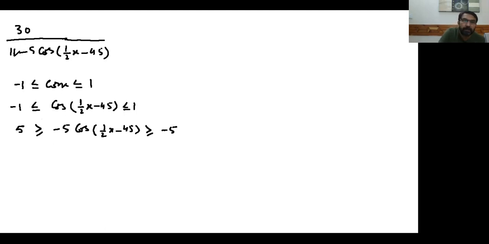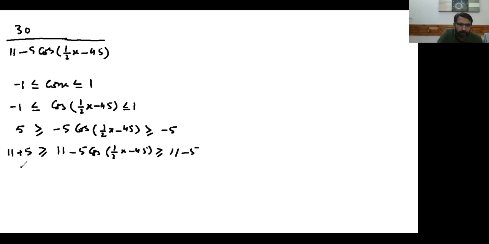There is an 11 over here. So let's add 11 everywhere. 11 plus 5 is greater than or equal to 11 minus 5 cos half x minus 45, which is greater than or equal to 11 minus 5.